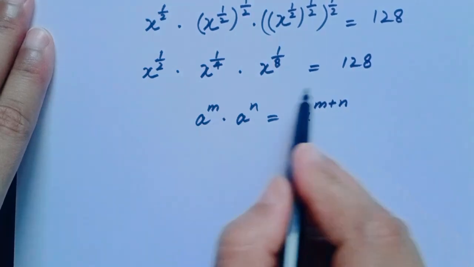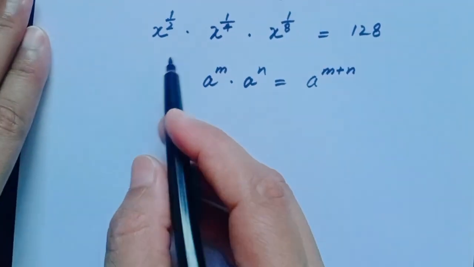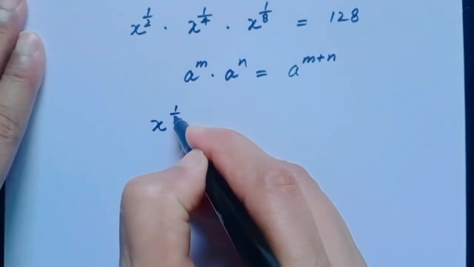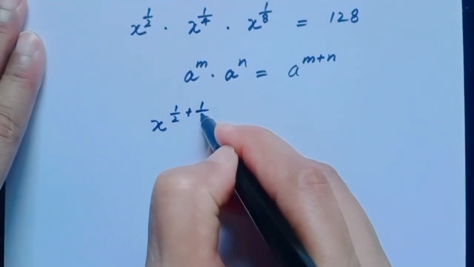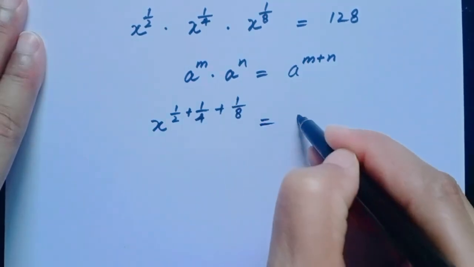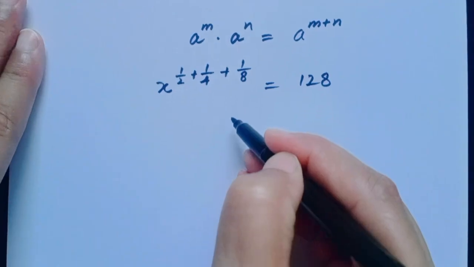We are going to use the same property here, so we can add these powers: x power 1 over 2 plus 1 over 4 plus 1 over 8, all three powers added, is equal to 128.